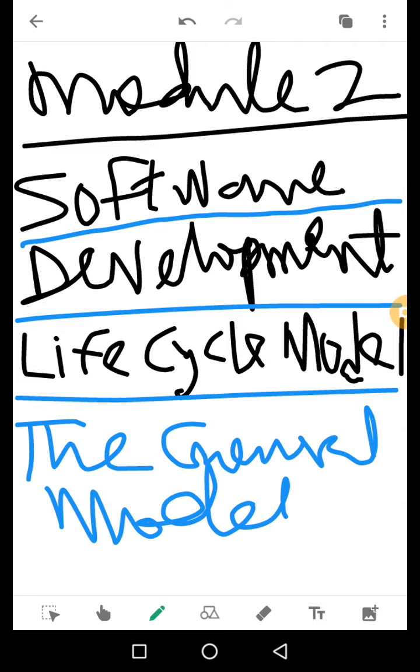For the general model, each phase produces deliverables needed by the next phase in the life cycle. When we say deliverables here, that is the end product, which means the requirement phase produces the end product, or the raw product, that the design phase will use.